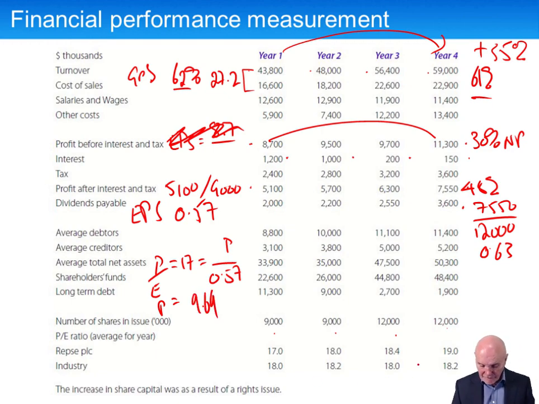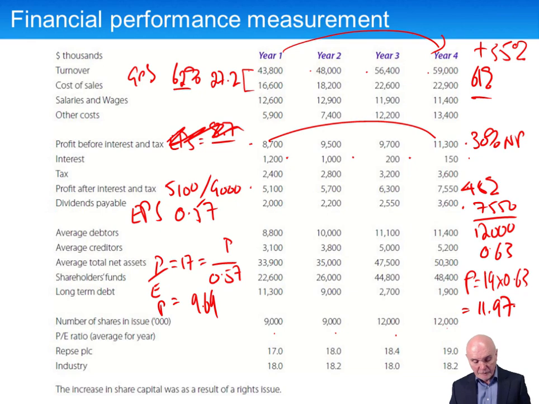Over here, the same idea, we have the earnings per share of 63, or 0.63 here, and the price here is going to be the PE ratio, which is now 19, times 0.63. So the price per share there, 19 times 0.63, is going to be 11.97.